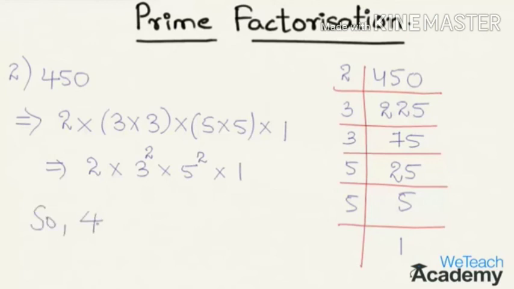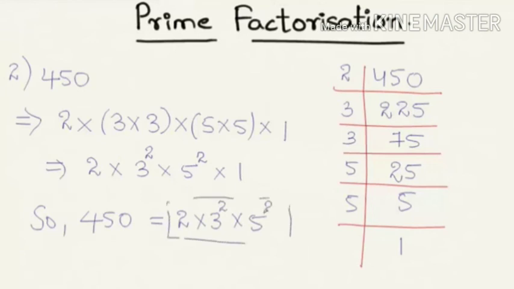So we can write 450 is equal to 2 into 3 raised to the power 2 into 5 raised to the power 2. Hope you understood the concept.